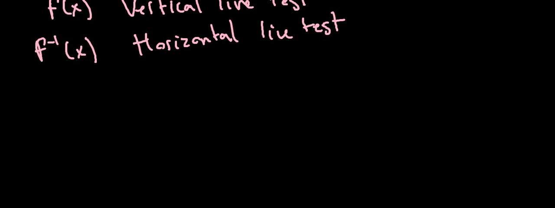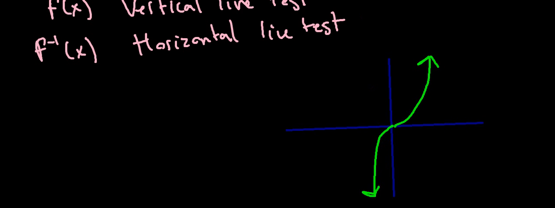Let's say we had, let me get my graphing tool. Okay. So let's say we had like x cubed or something like that. So x cubed looks like this. We can see using the vertical line test anywhere that this would be a function of x to y.